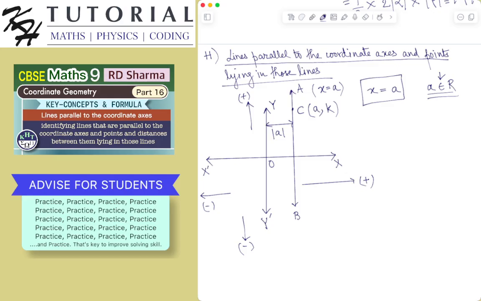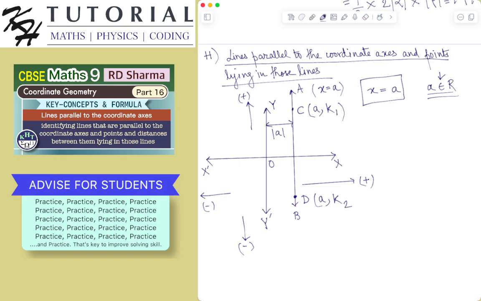So let's say there is another point D over here, lying on the line AB. Its abscissa will of course be a, and let's say its ordinate is K2. Let's say the ordinate of the point C is K1.